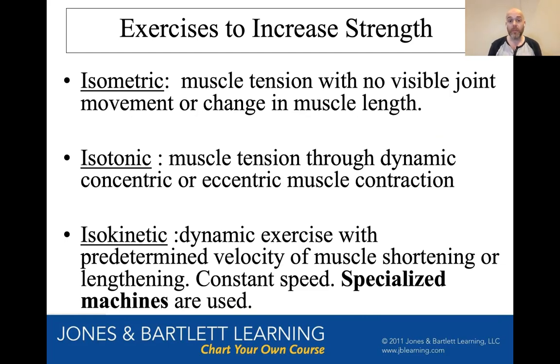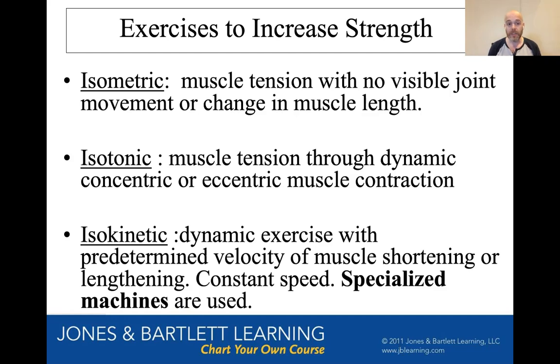So if you're laying on your bed with your knees straight, and then you just tighten up your quads, your thighs, but your knees were already straight, so your legs didn't move, but your quads are just tight now. You squeeze your butt together, and nothing happened. You just tightened up your buttock muscles. That's the isometric contraction. It's muscle tension, but no joint movement and no change in the muscle length.